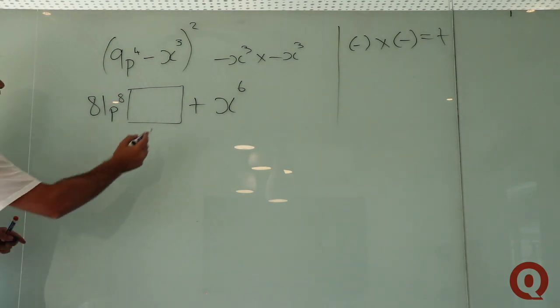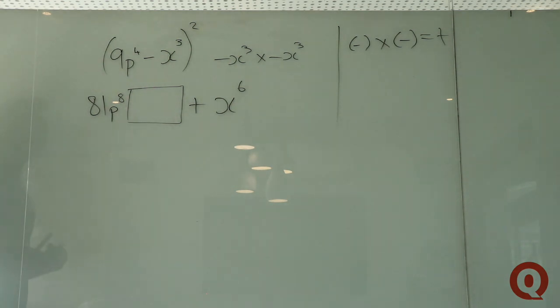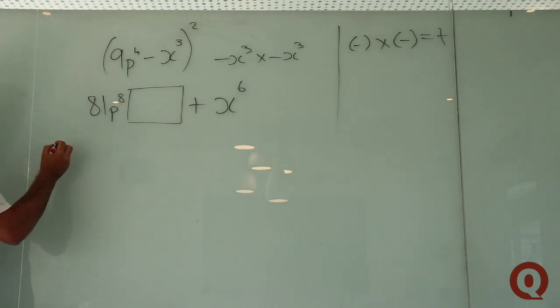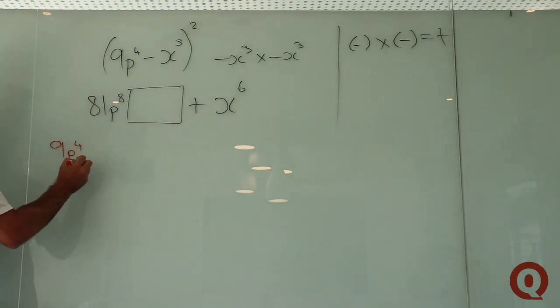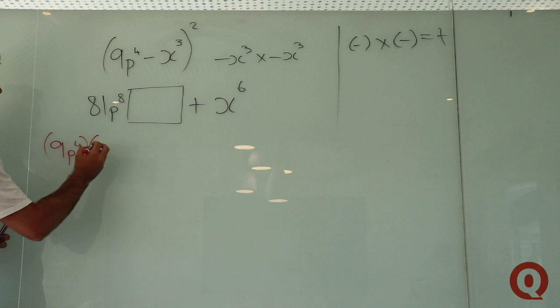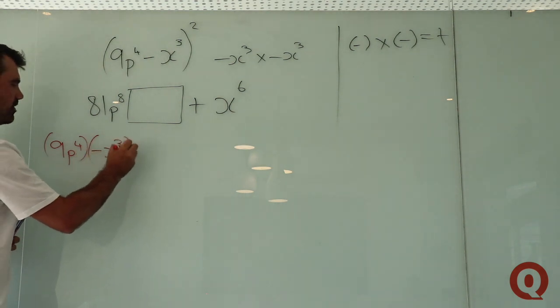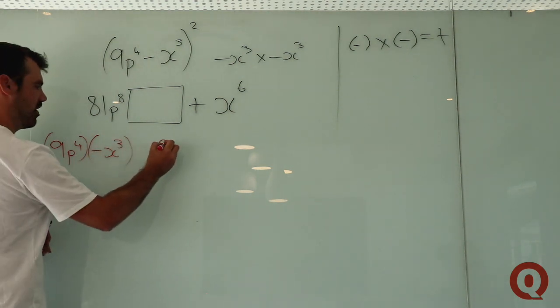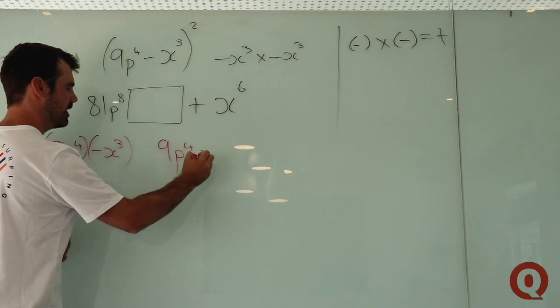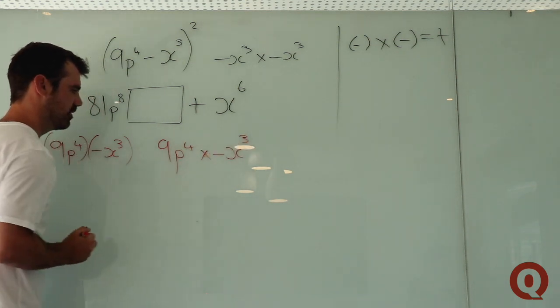Now, the tricky part. How do we find the middle term? Let's use the shortcut. So we've got 9p to the power of 4 in a bracket, open another bracket, multiplied by negative x cubed. Again, don't be confused if you'd rather like to use 9p to the power of 4 times the negative x cubed.